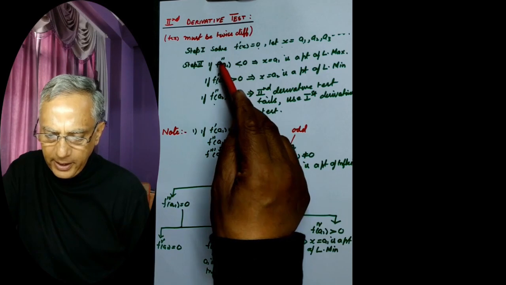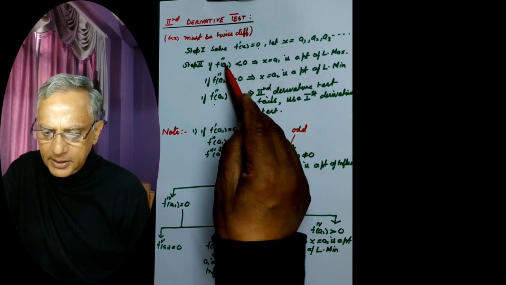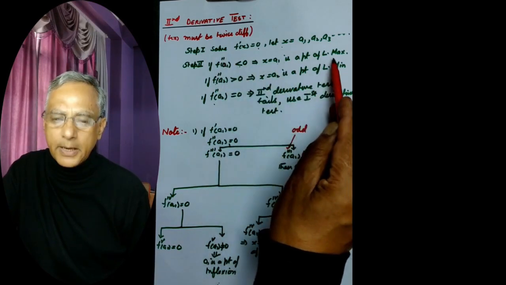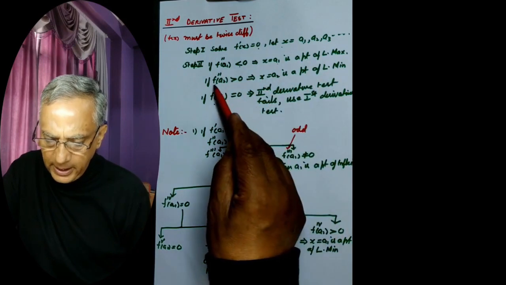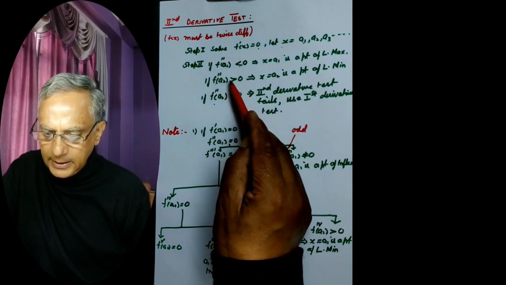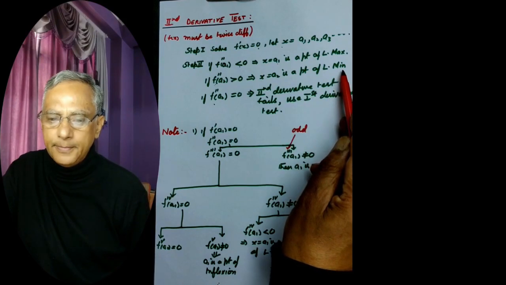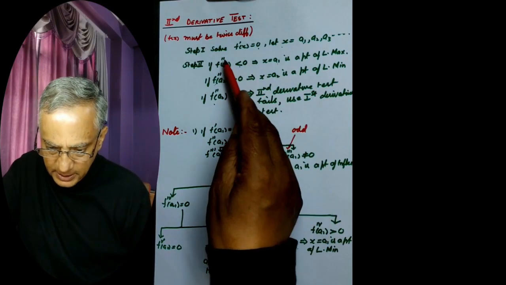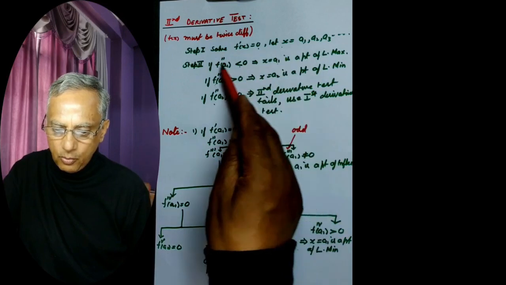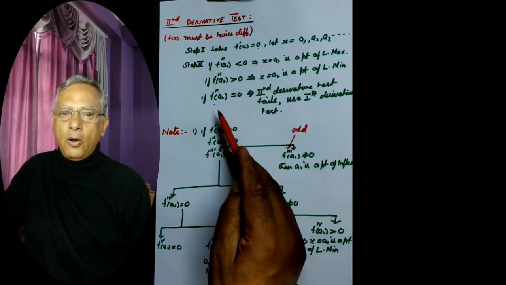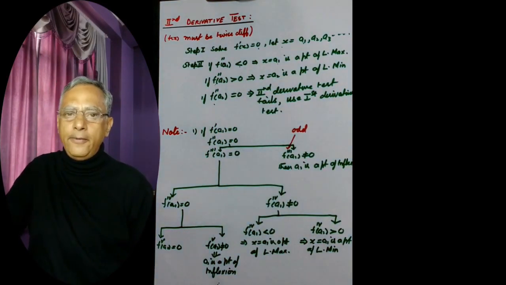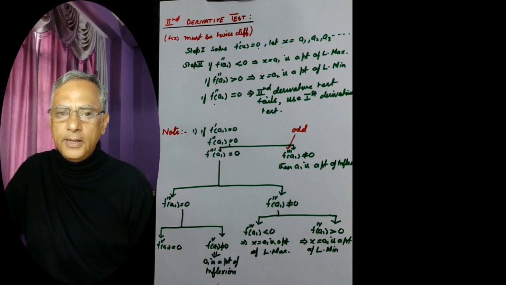If the even derivative at a1 is less than 0, then this is a point of local maximum. If it is greater than 0, we will say that it is a point of local minimum. For even, this rule will hold. For odd, it will be a point of inflection.